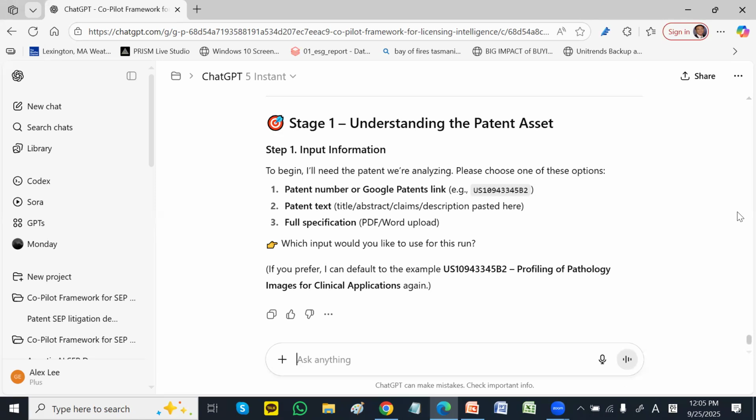Basically this demo is a POC, so it's not a fully implemented framework, but it shows the best part of what the framework means. Usually in this demo the patent expert is me, so it's co-filer with me, and then the agentic AI part is ChatGPT, where I'm just using prompt engineering.